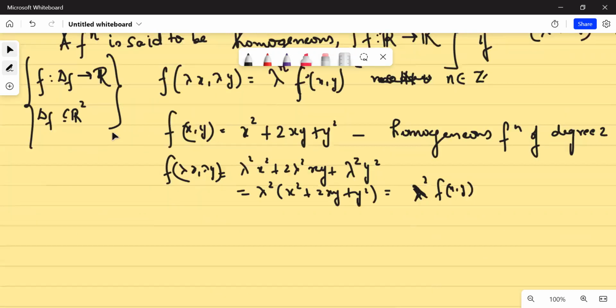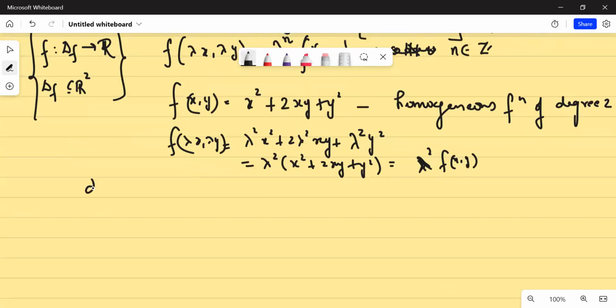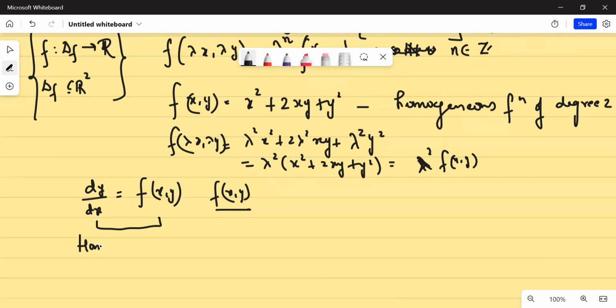So these are called homogeneous functions. Now, if you are solving a differential equation like dy by dx equal to f of x, y, and f of x, y is a homogeneous function, then this differential equation is called your homogeneous differential equation.